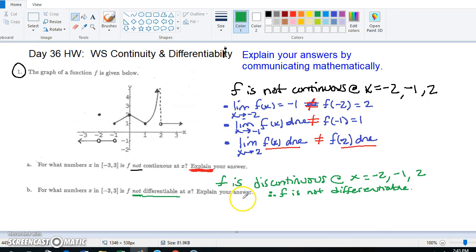Okay, but what else do we have to consider for non-differentiability? We need to consider vertical tangents and sharp points.